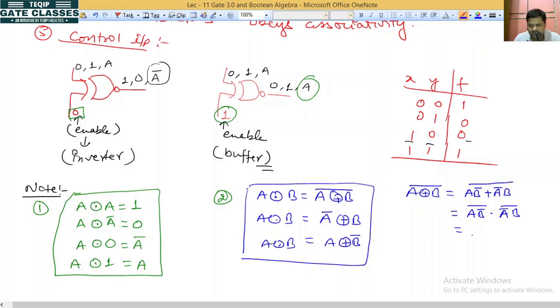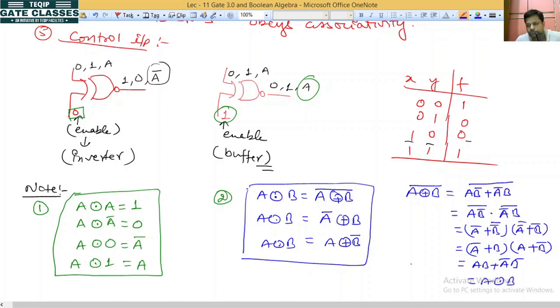Now again you apply De Morgan's law, it will be A bar plus B, and this one will be A plus B bar. If you multiply these two, then you will get AB plus A bar B bar, that is A XNOR B.